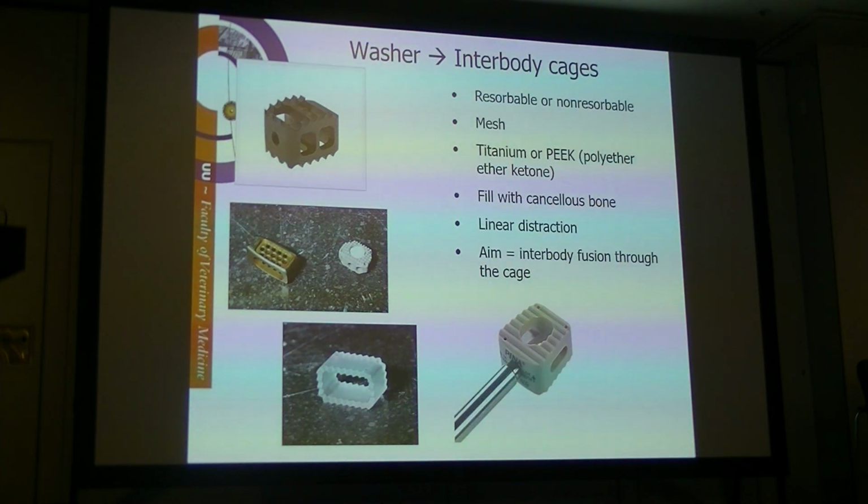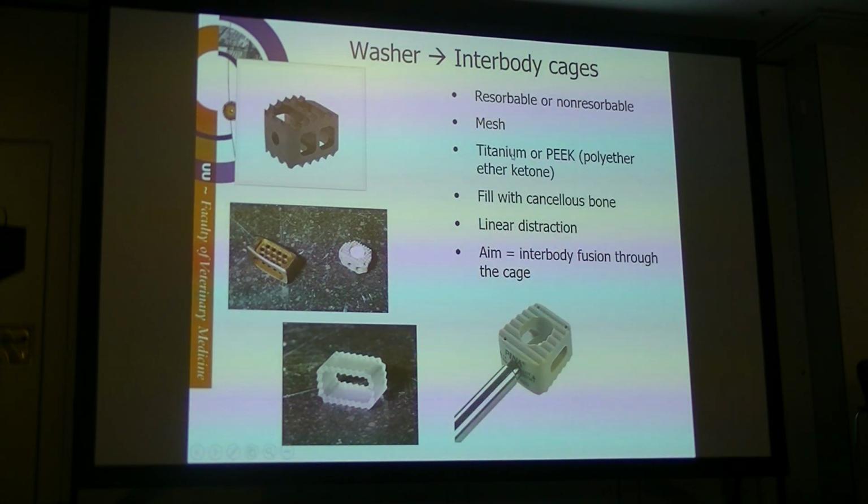Well, these washers have been further developed into interbody cages. And this comes largely from the human field, where we have seen an enormous development in spinal cages. And they may be resorbable or non-resorbable. Most of them are not resorbable.